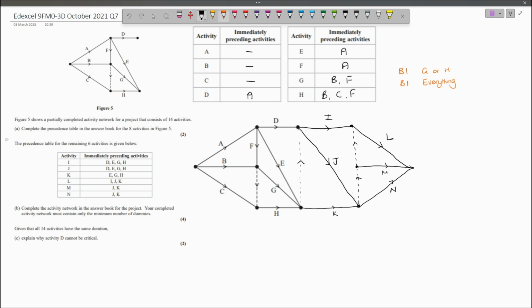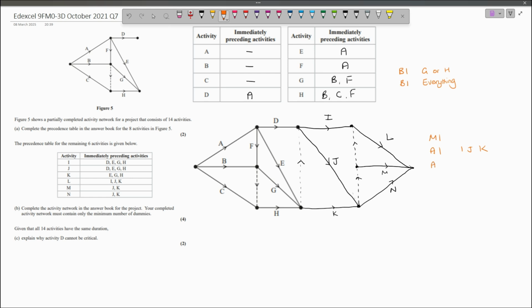So you'd have got one method mark, an M1, for at least 5 activities on your diagram, labelled on the arc with at least 2 dummies placed. You've got an accuracy mark for having activities I, J and K, and this first dummy dealt with correctly with arrows.